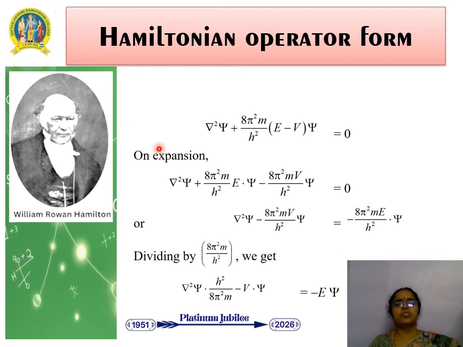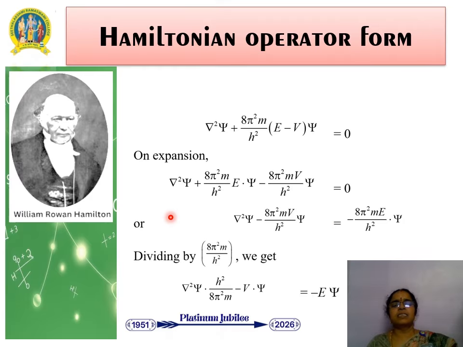On continuation of the Schrodinger wave equation, we are going to discuss the Hamiltonian operator form also. For this, we take the Schrodinger wave equation which was derived previously, and we expand the equation.